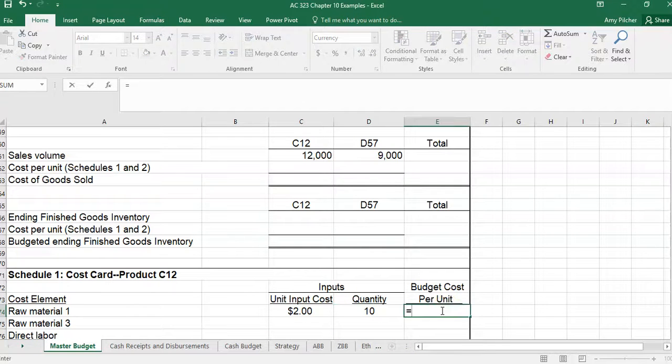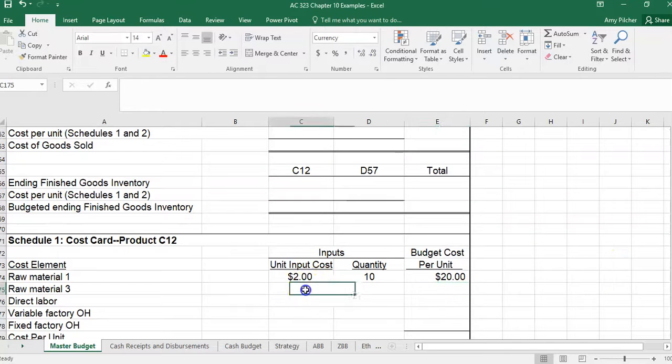So our per unit is the cost times the quantity per unit. We don't use any of raw material 2. Raw material 3 is 50 cents, and we need to direct labor is $25 per hour, and it takes 2 hours.